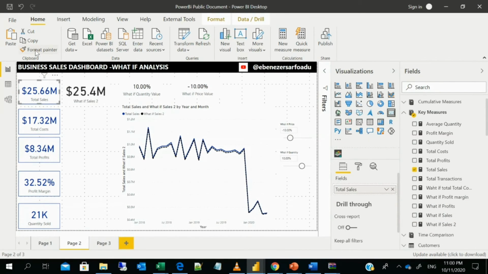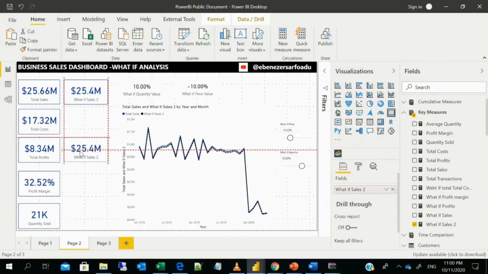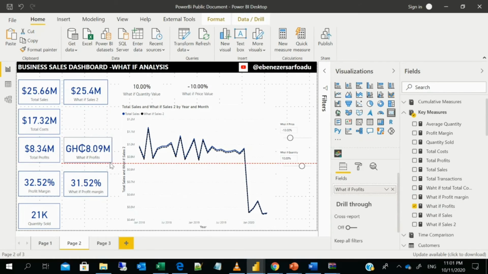Right, let me format this to this. Great. Let me look at the what if profit, because cost will not be affected. What will be happening is the what if profit margin. Let me look at the what if profits. Okay, so this is our what if profit.